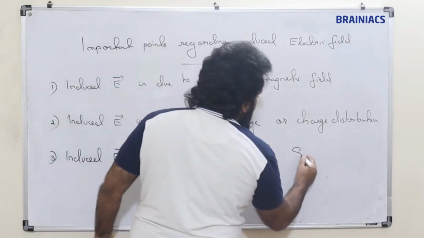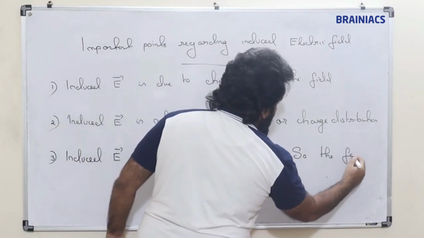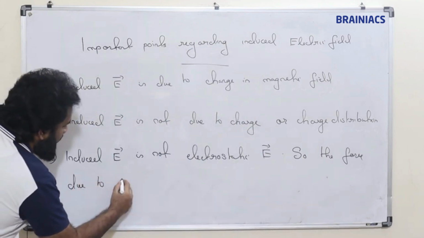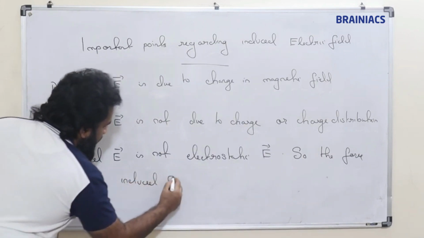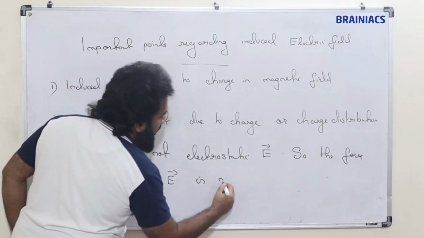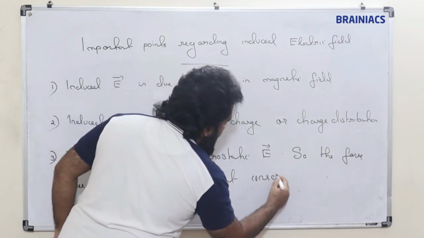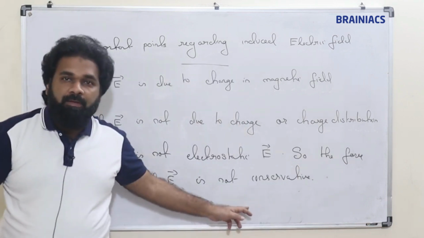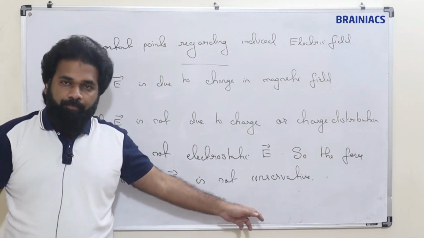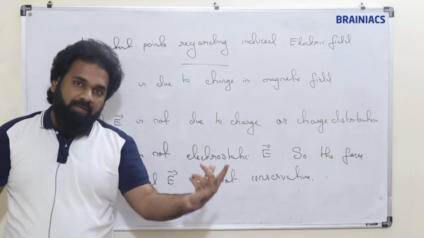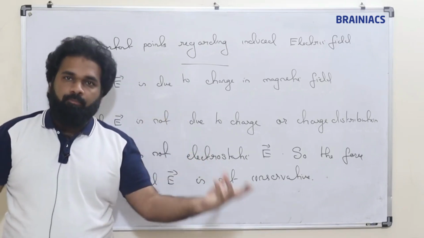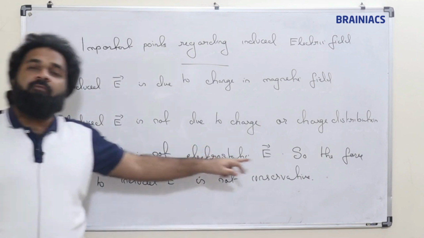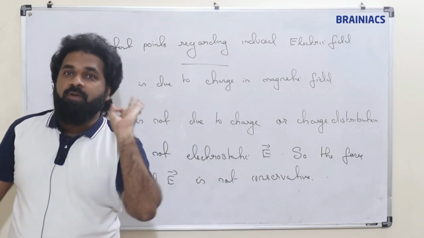So the force due to the induced electric field is not conservative. We have seen that the electrostatic force is conservative, while the work done against the electrostatic force will be stored as what? Potential energy, electrostatic potential energy, all these things we have seen. But this induced electric field is not conservative.